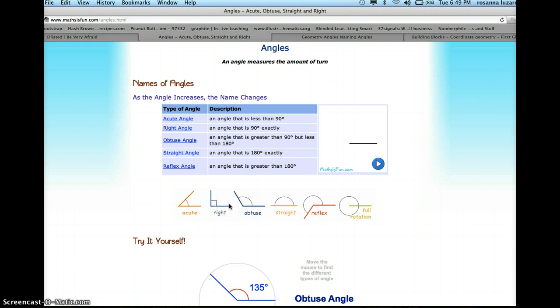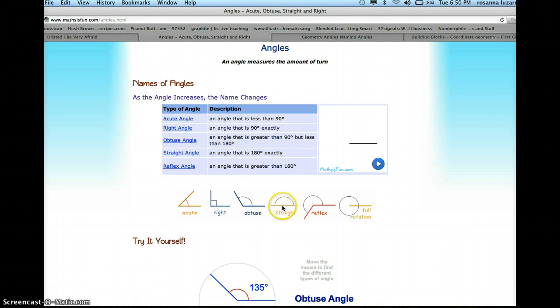When it makes 90 degrees or a corner, then you call it a right angle. Bigger than a right angle but smaller than a straight angle, it's an obtuse angle, an angle greater than 90 but less than 180.